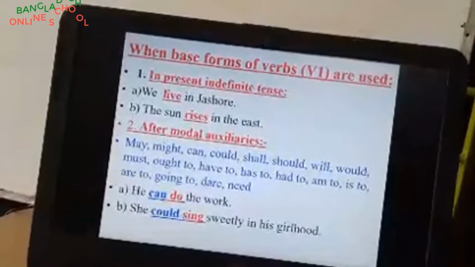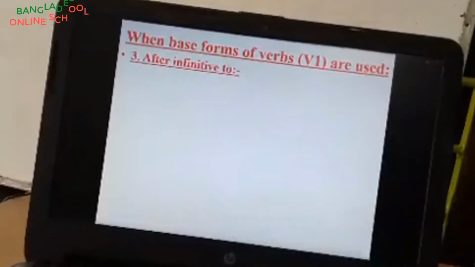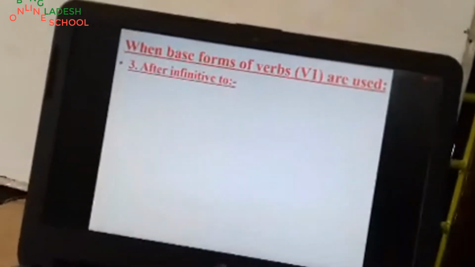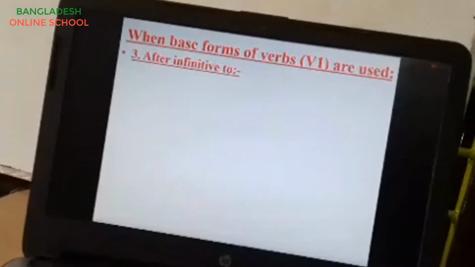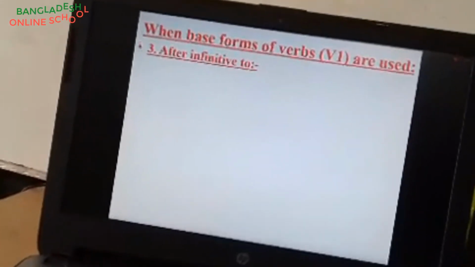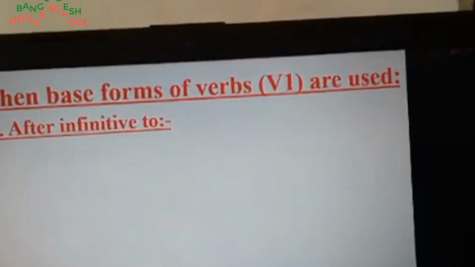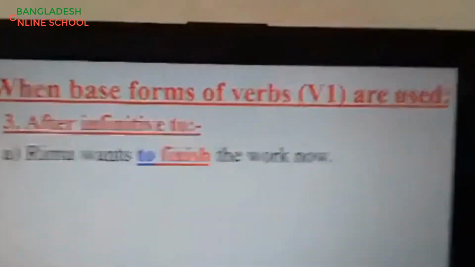Okay, come to the infinitive to. After infinitive to, base forms of verb are used. You see, Rima wants to finish the work now.